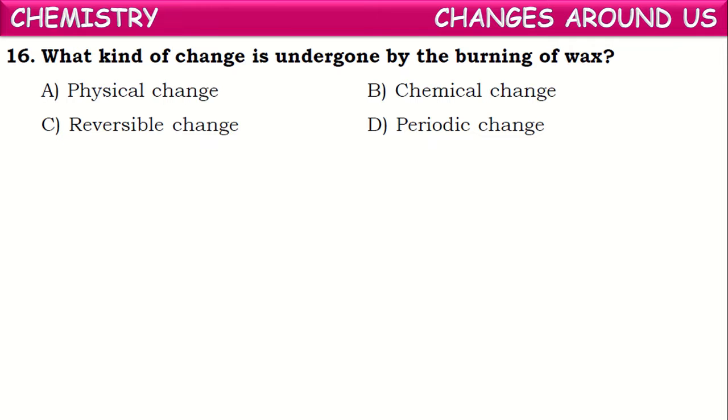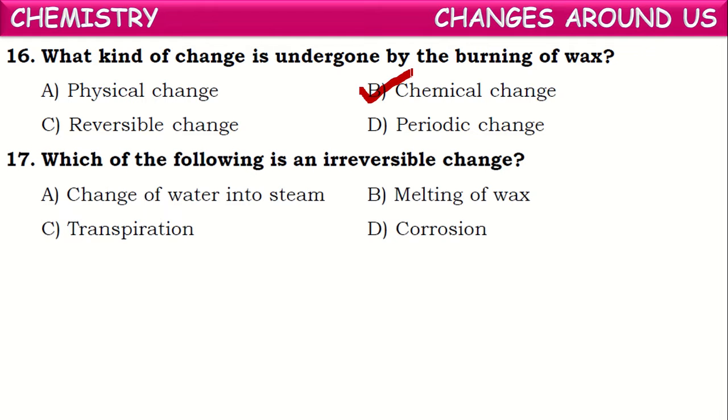But from these products, carbon dioxide and water vapor, we cannot get back the wax. So new substances are formed and the original substance cannot be obtained from the products formed. Hence, this change is a chemical change. Burning of wax is a chemical change and melting of wax is a physical change. Remember these two clearly.